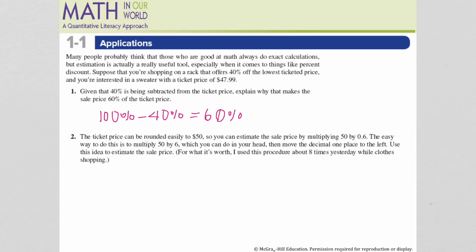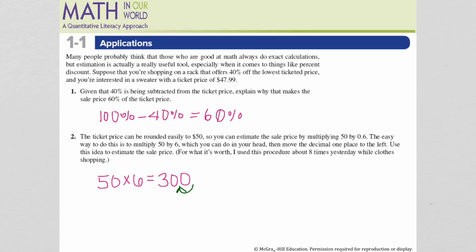The easy way to do this is in your head. I'm going to do it on paper here, but in your head you can probably multiply 50 by 6 pretty quickly. You get 300. Okay? And then move the decimal a place to the left, because here we've moved a decimal to the right to change, so we'd move it to the left to change there.